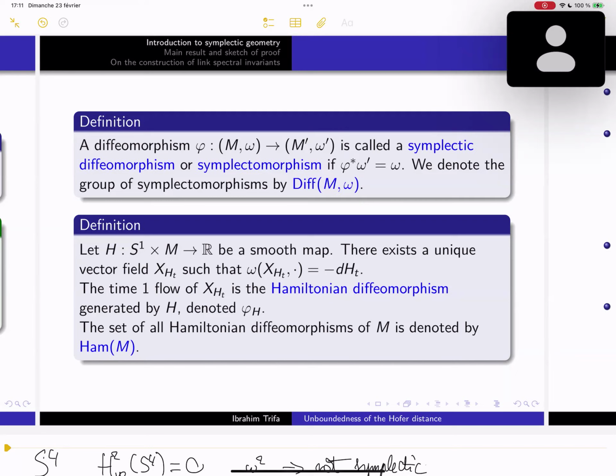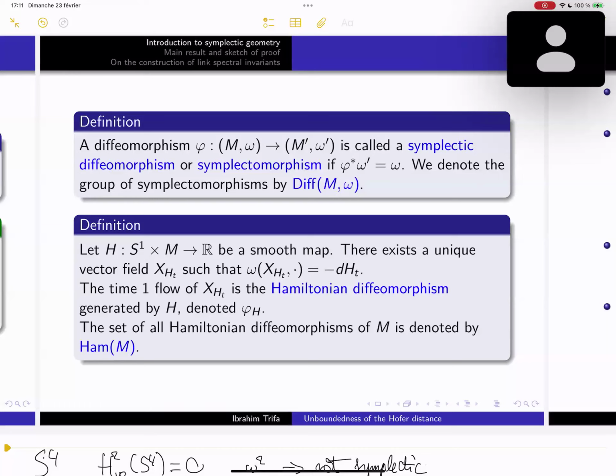Pick a smooth function H from the circle S^1 times M to R. Then, since the symplectic form omega is non-degenerate, you can find a unique vector field X_{H_t} such that omega(X_{H_t}, ·) is equal to minus dH_t.